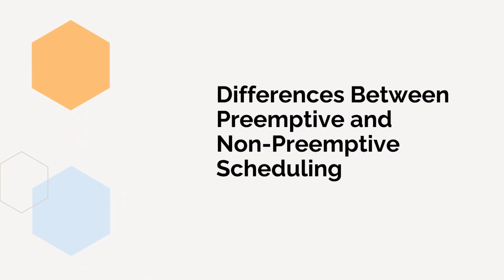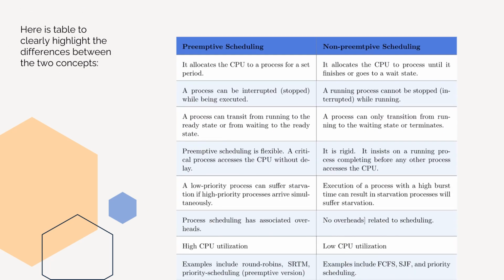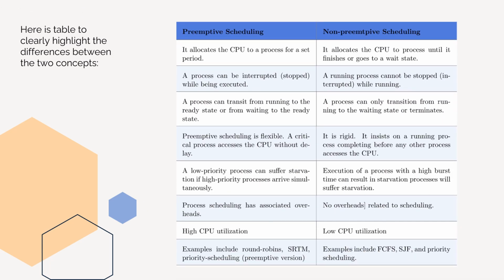Let's talk about differences between primitive and non-primitive scheduling. Here is a table to clearly highlight the differences between the two concepts, primitive scheduling and non-primitive scheduling. Primitive scheduling allocates the CPU to a process for a set period, but non-primitive allocates the CPU to a process until it finishes or goes to a wait state.